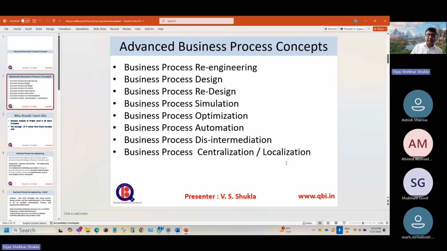These are some concepts which you need to learn: business process reengineering, business process design, business process redesign, business process simulation, optimization, automation, disintermediation, centralization, localization, etc. So these are some additional concepts which we need to focus upon. Let's start.